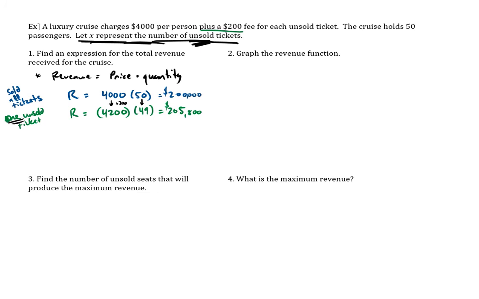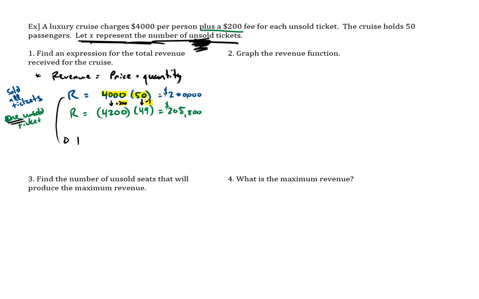From here to here, that was the one ticket getting sold, so minus 1. These little constants that go with the unsold tickets mean all I have to do is attach x to my original 4,000, or my original equation, with the plus 200 and the minus 1.